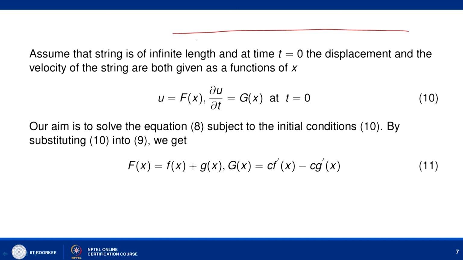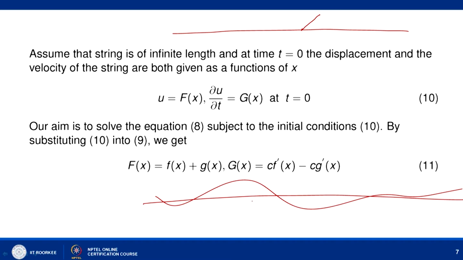You have an infinite string, you take some point and disturb this. So it may not be looking like this, it may be something like this, maybe this or any form. So here we say that this is your x axis, and at this point your displacement is this, and it may not be in a static position, it may have some velocity.